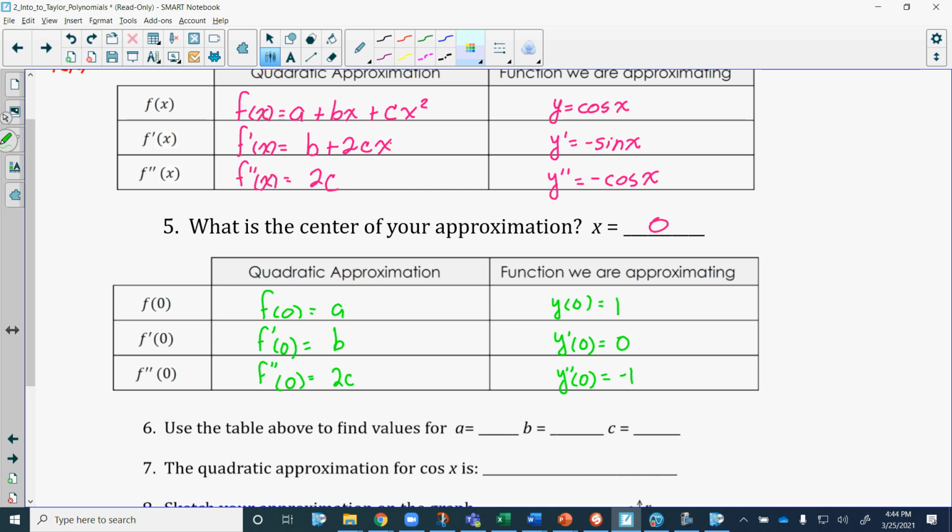Well, in this case, it's asking us what the values of a, b, and c are going to be.